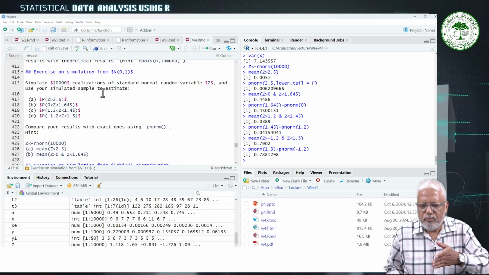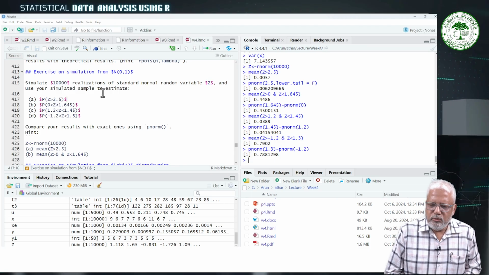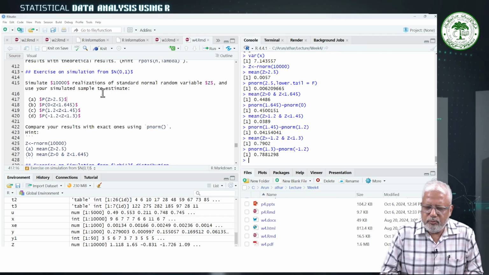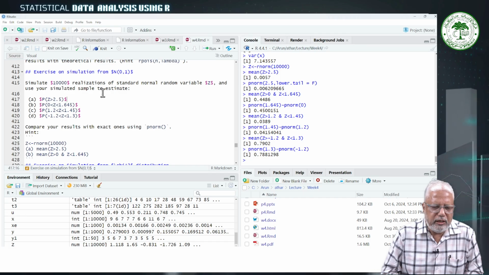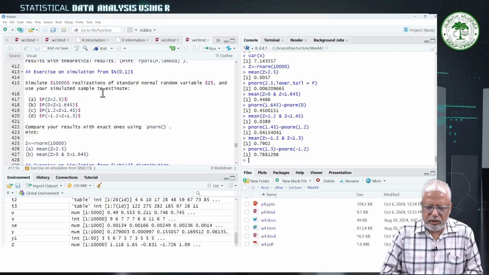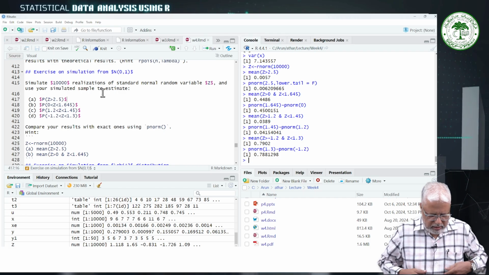We are getting 0.7902 by simulation and 0.788 by the exact result. So they are in very close agreement. Now in the next video I shall continue on these computations of probabilities and simulations.